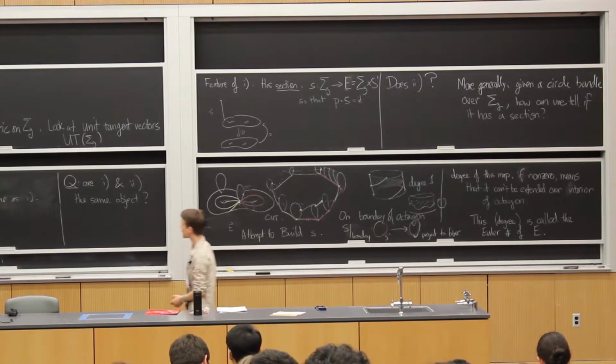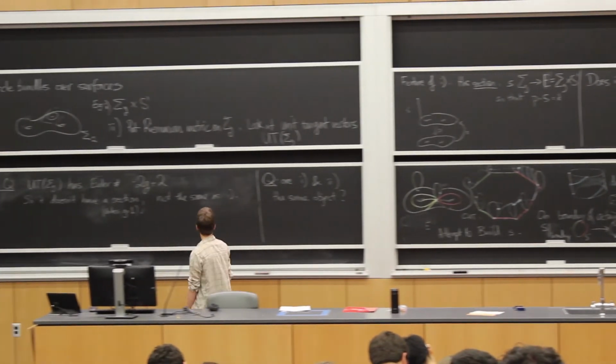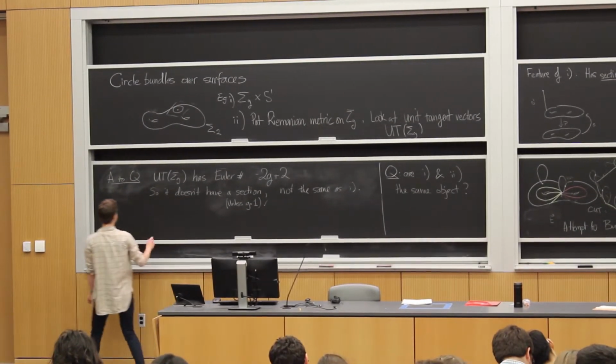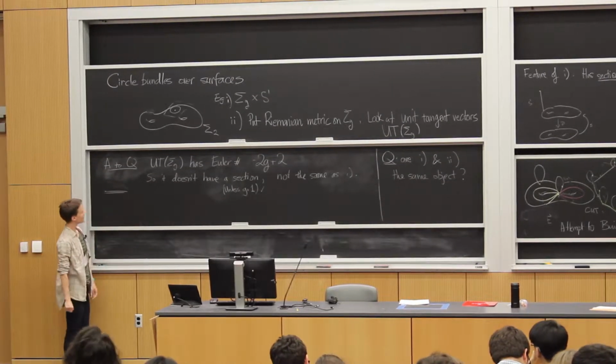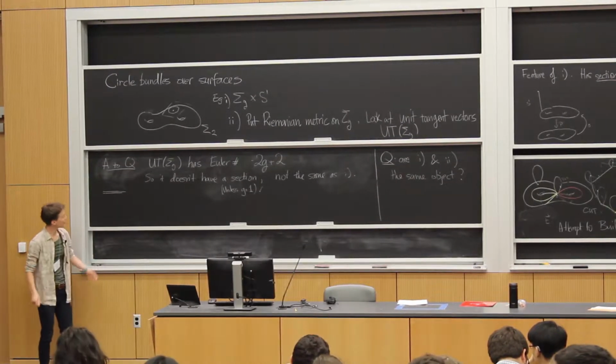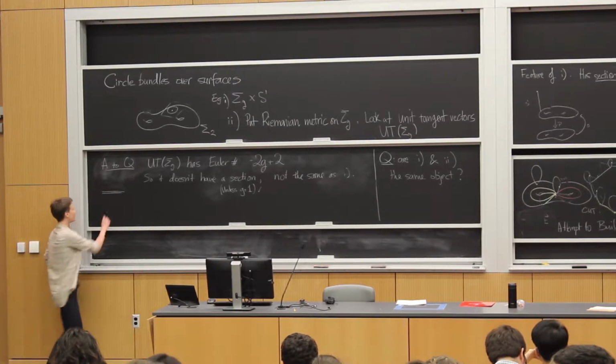Great, so let's go on to kind of the next best thing. So what I want to move on to now is to tell you this unit tangent bundle example.